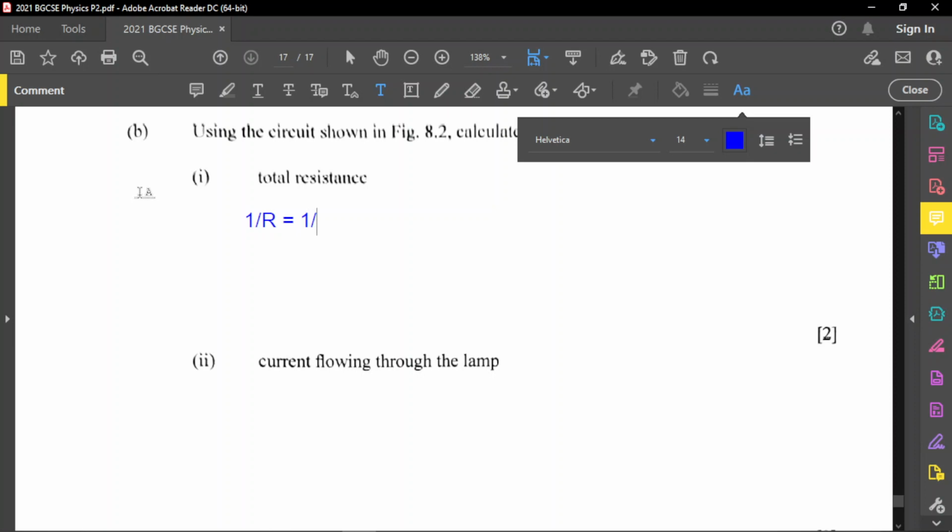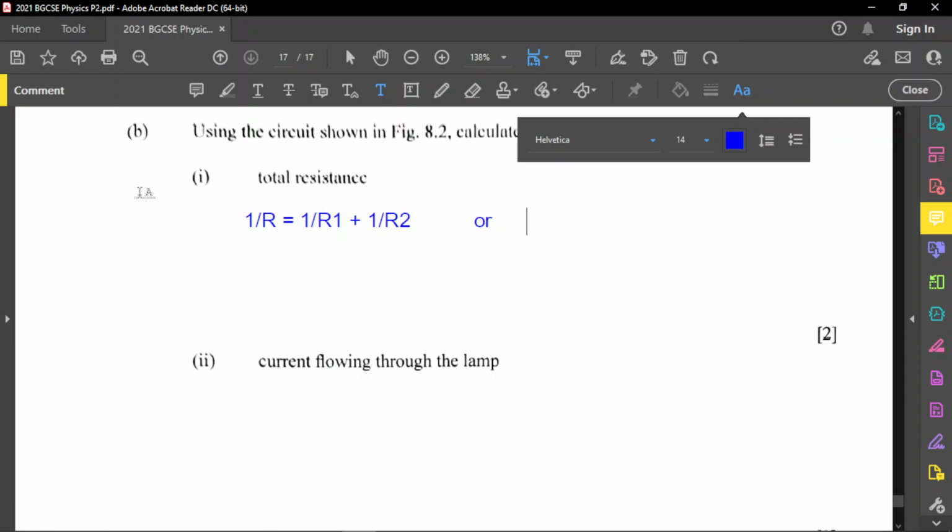And if you have more, you could just keep on doing like that. But since we only have 2 resistors, there's a next formula you could use, and this only works when you have 2 resistors in parallel. If you have more than 2 resistors, you can't use this formula.